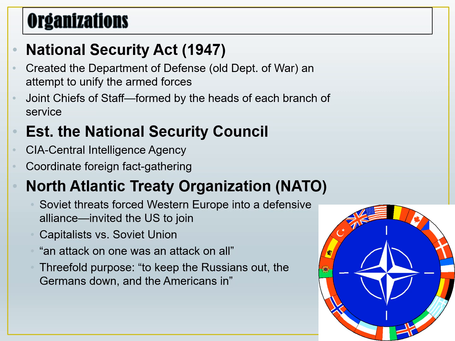Interestingly, one of the things here is an attack on one was an attack on all. And remember, we didn't really want to ever become an ally or an alliance with those European nations, but here we were kind of forced to do it. And a big threefold purpose: keep the Russians out, the Germans down, and the Americans in.